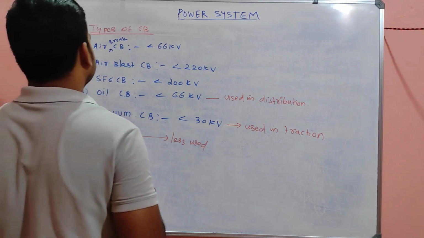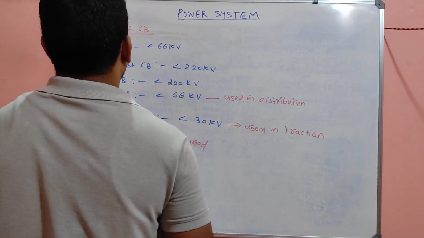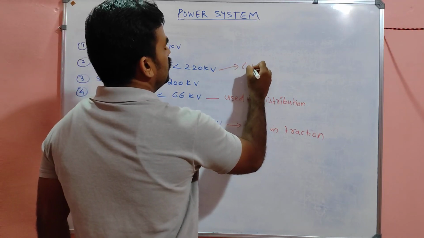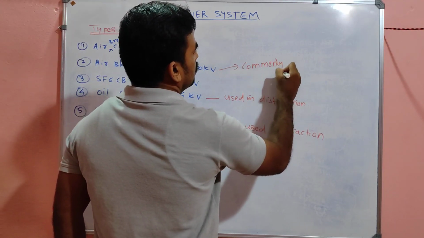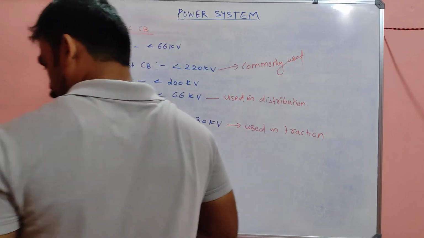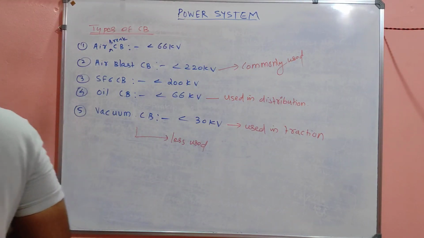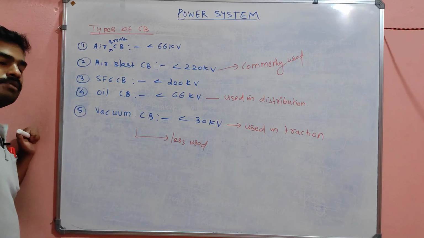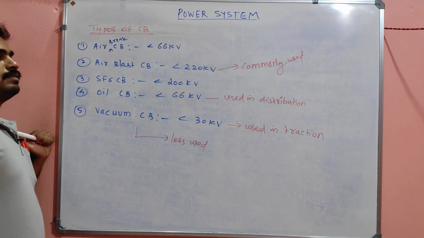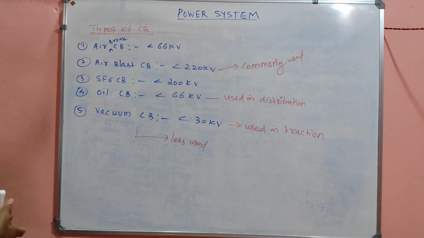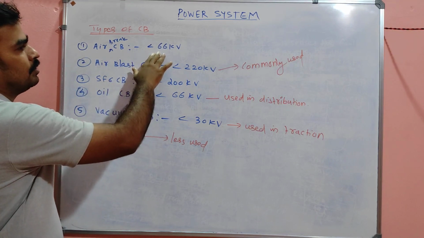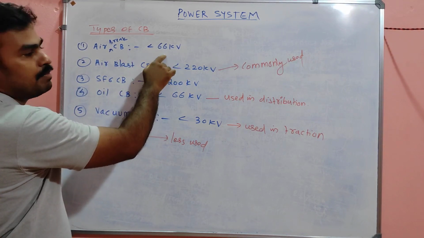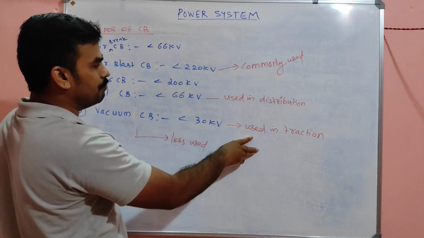And this is commonly used. The most dominant used is the air blast circuit breaker, and not that dominant, less used, is the vacuum circuit breaker. So that's all about the circuit breaker, but you only have to remember this voltage rating, which is very important, and where it is used is also very important.